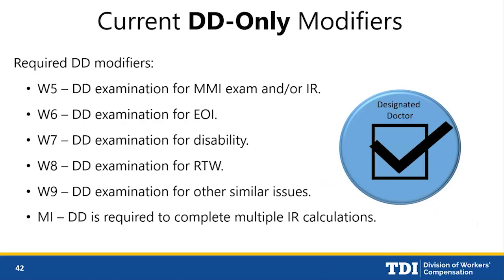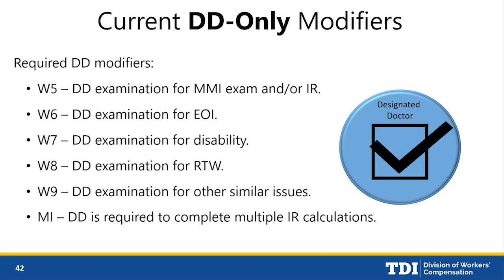W6, that's for extent of injury questions. W7, disability exams. W8, maybe there's questions about whether this person can return to work. W9 is going to be for those other similar issues. So again, W modifiers, DD only.